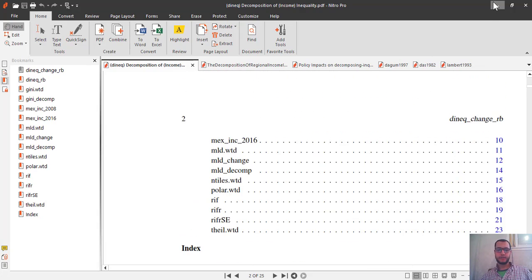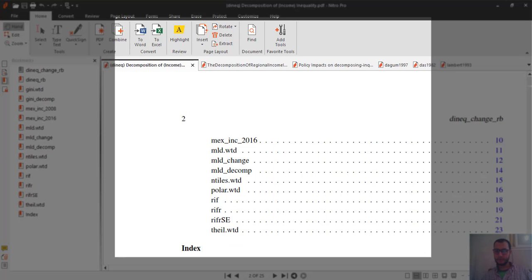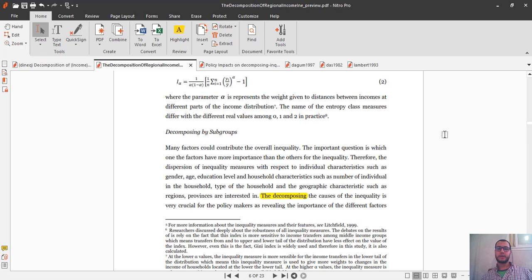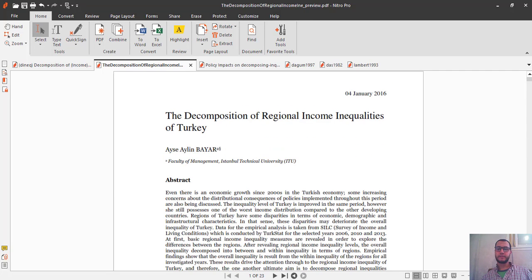And also here I have this paper on the decomposition of regional inequality of Turkey. I will leave all these papers down in the description.